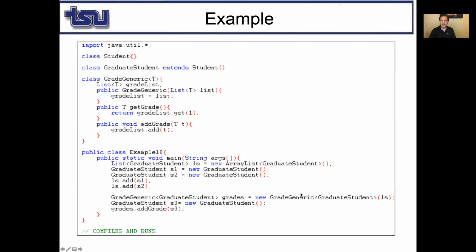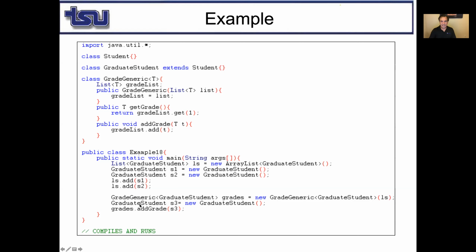Okay. And I create using a constructor that takes list as input. So I'm going to go here. So now I have a grade list. Grade list is a list of graduate students. And I send ls as input to the constructor. That means list is ls. Grade list will be ls. And ls contains two graduate students, remember?